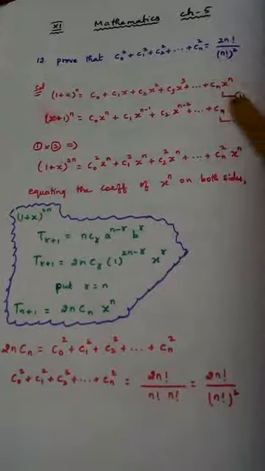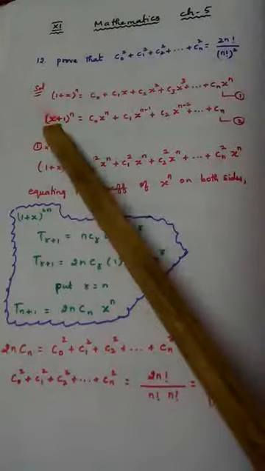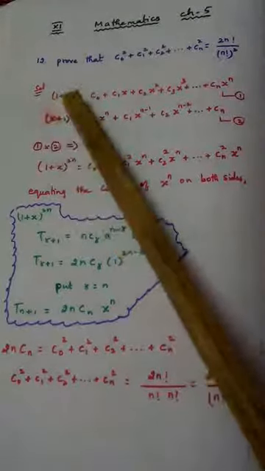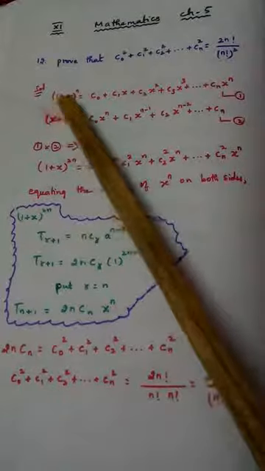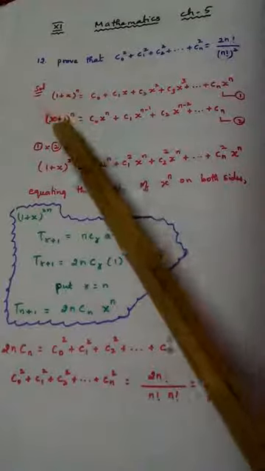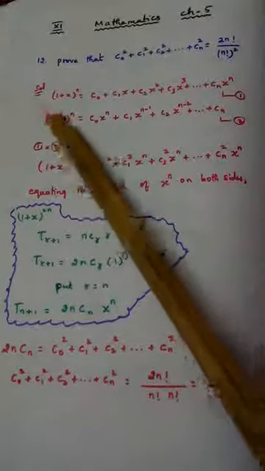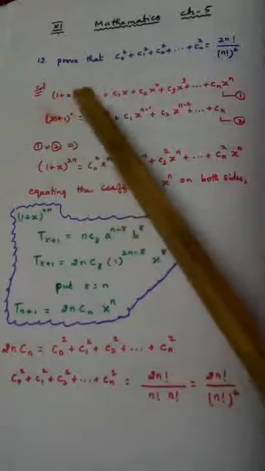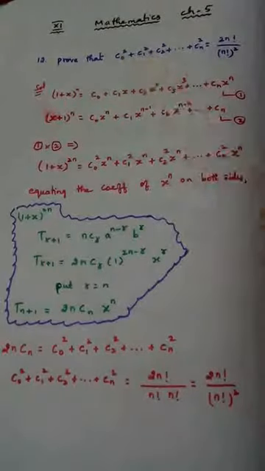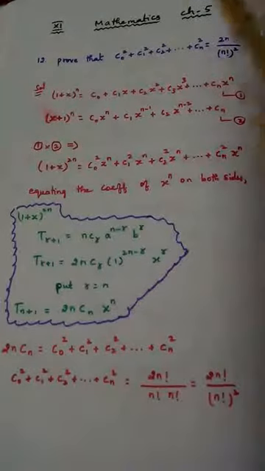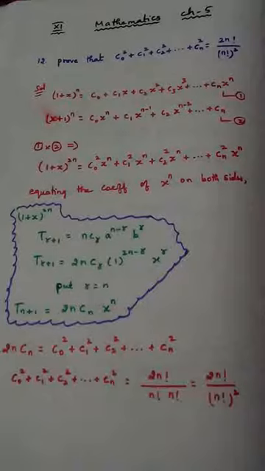This is taken as the first equation, and if you see the second line, the same thing I have written, but the order is changed here. Here it is 1 plus x, here it is x plus 1. I think you will accept this because in addition we can change the order, right? 1 plus x and x plus 1 both are same. So x plus 1 whole power n means the formula will change, right? If you just compare this with a plus b whole power n formula, you will understand.